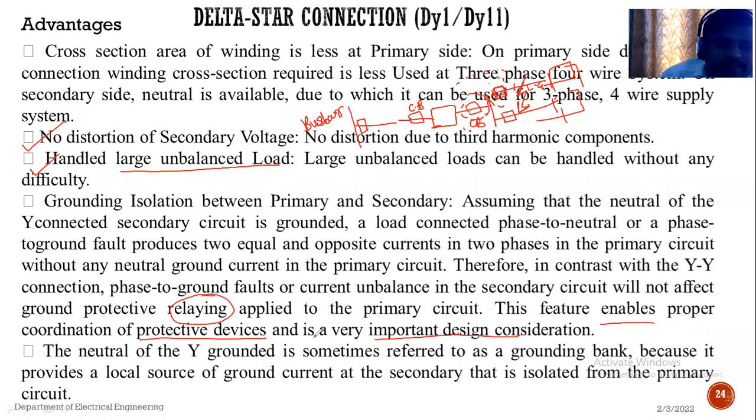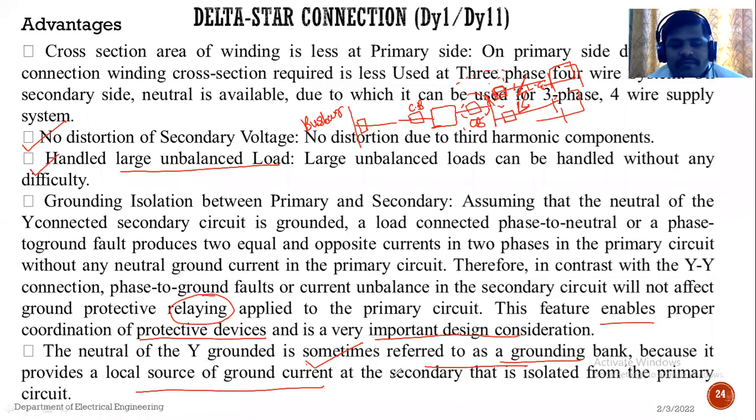Now the next advantage is that the neutral of a star grounded winding is sometimes referred to as a grounding bank, because it provides a local source of ground current at the secondary that is isolated from the primary circuit.